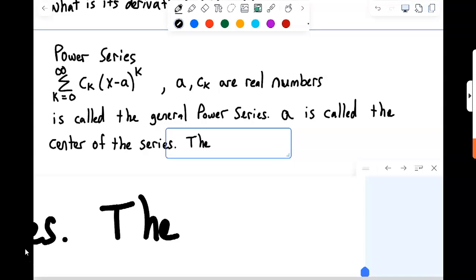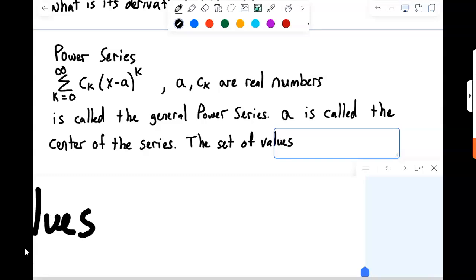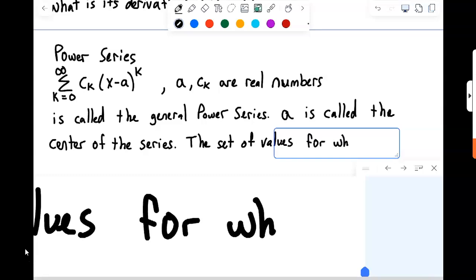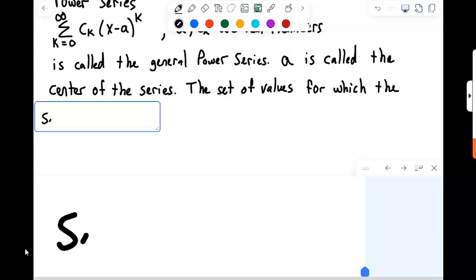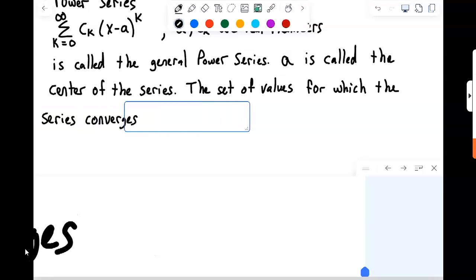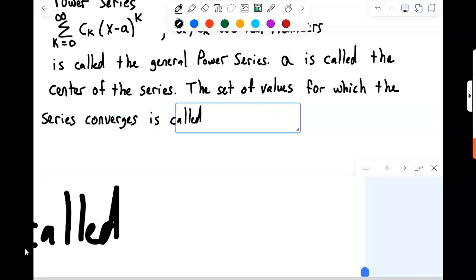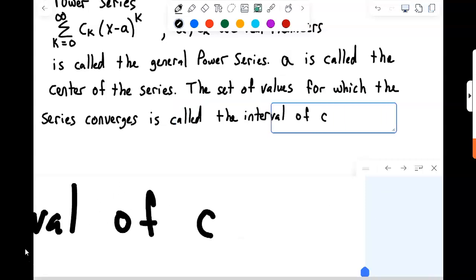The set of values for which the series converges, in other words, the set of x values for which the series actually will be a series that converges, is called the interval of convergence.